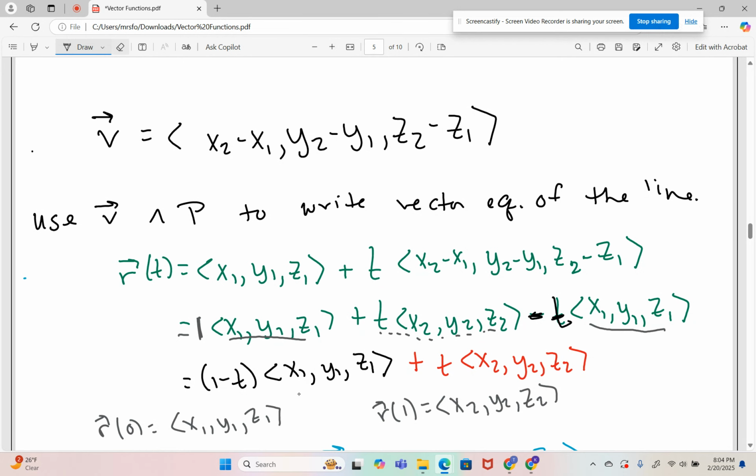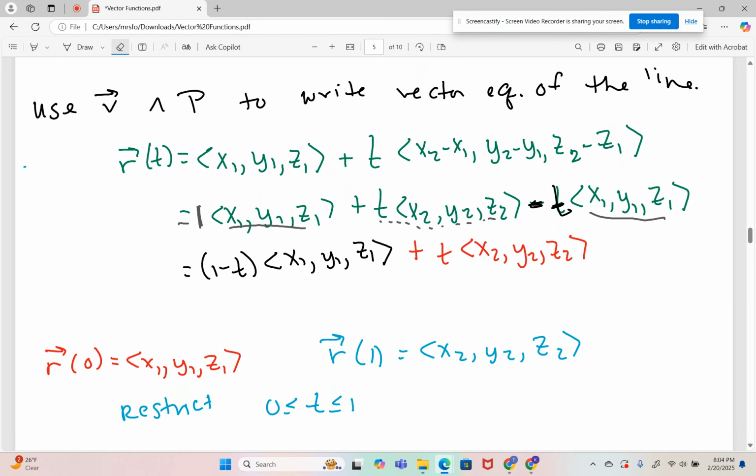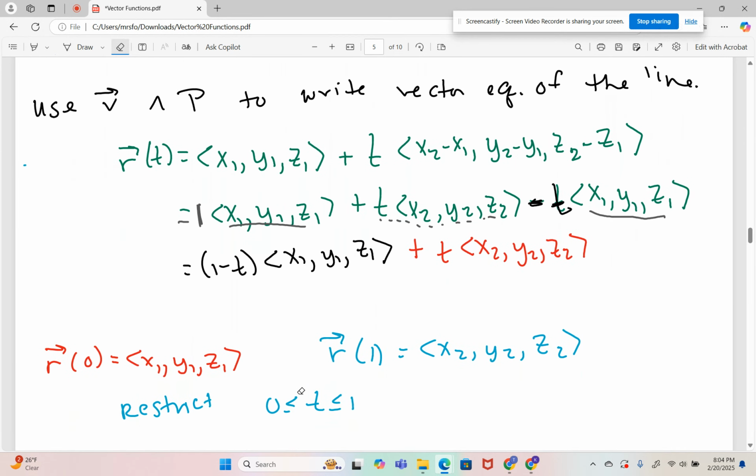So looking at this, that tells me that for these equations, I have the interval where I restrict t to between 0 and 1. And that would give me my x1, y1, z1 and x2, y2, z2.